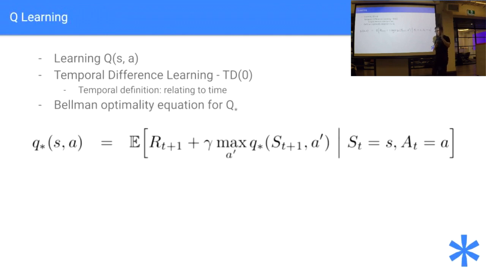If we look back to last week, in terms of the Bellman optimality equation for Q, you will notice some similarity. The optimum value of Q given a state and action, assuming we are in this state and have taken that action, is the expected return plus a discount of this funky formula.